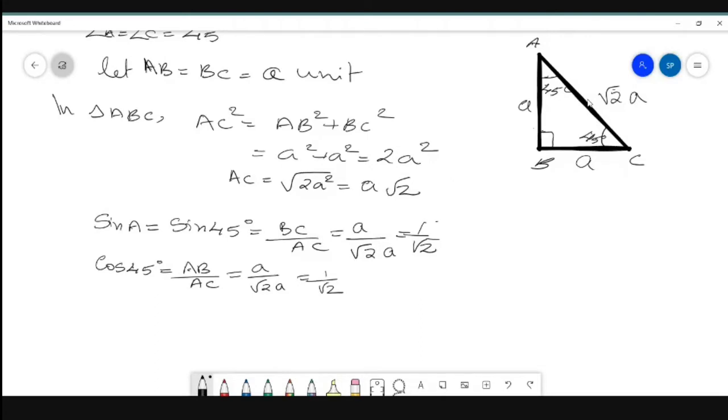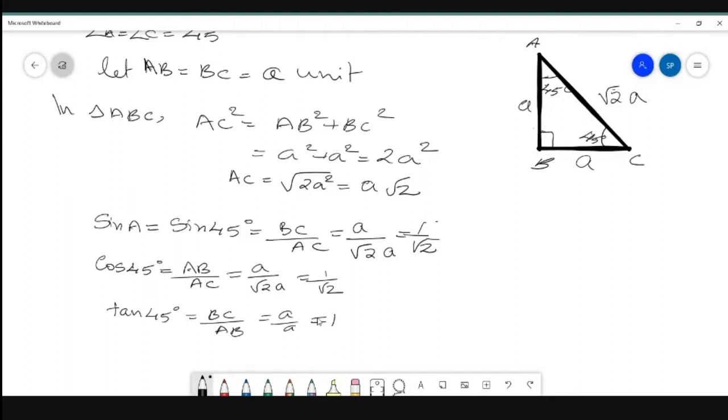Now we have to get tan 45. Tan 45 is equal to its opposite side BC divided by AB, that is A divided by A equal to 1. Or we can say sin A divided by cos A is tan A, that is sin 45 by cos 45. 1 by root 2 divided by 1 by root 2, again we get it as 1.